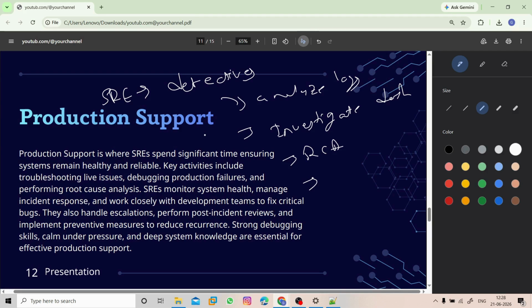Next, coordinate across teams, restore services quickly. Every incident becomes an opportunity to improve the system. So that is production support. SREs mainly work on production support.